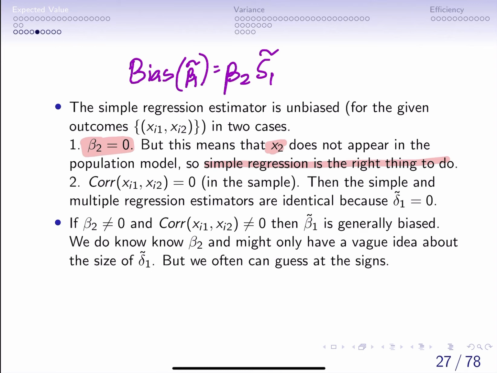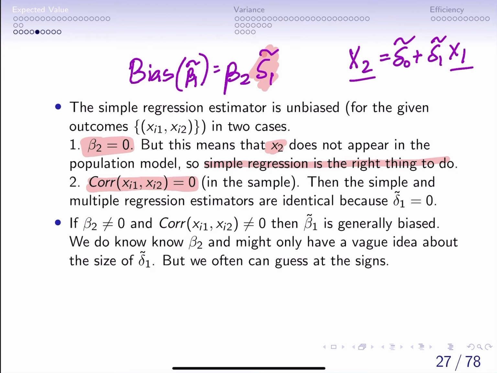The other thing that could happen is that the correlation between x1 and x2 is 0, which is going to make this delta 1 tilde equal 0. Remember what delta 1 tilde was. The way we were deriving delta 1 tilde was basically running the regression of x2 on x1.